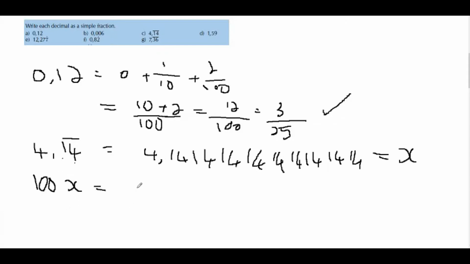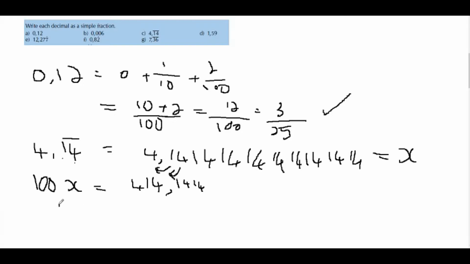Remember, when you have any number, let's take 7, and we multiply it by 10, we just add a 0 at the end. So that number gets moved up by 1 place, but now we're doing it twice because we're multiplying by 100. So this becomes 414.1414, and we still have 1, 4, 1, 4, 1, 4 after the decimal point. Then we subtract x on each side.